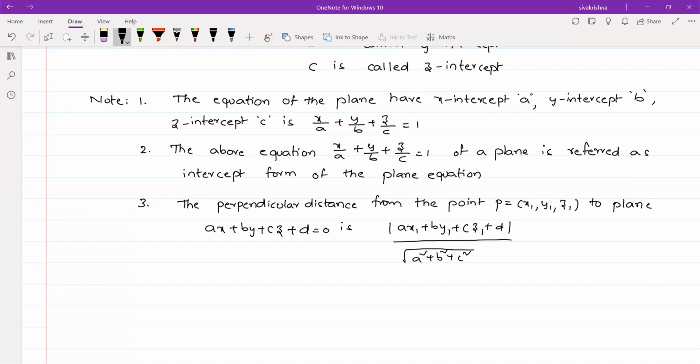So this is the formula to find the perpendicular distance from a point to the plane. If you want to find the perpendicular distance from a particular point to a plane, this is the formula we have to use. Okay, right.